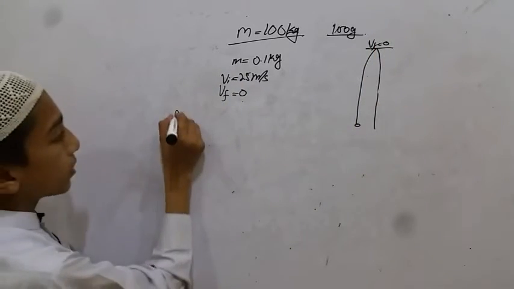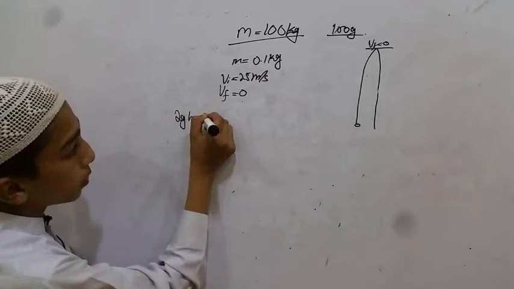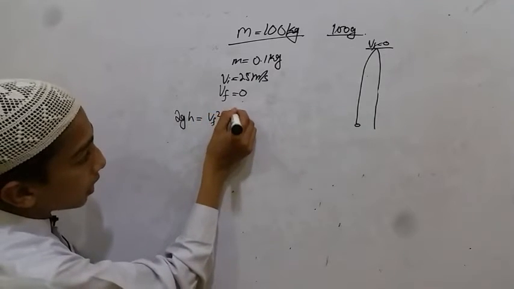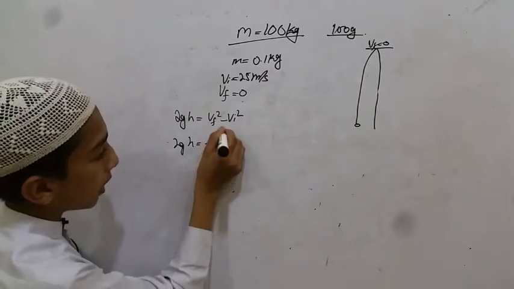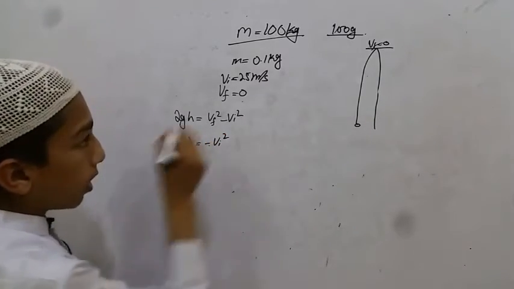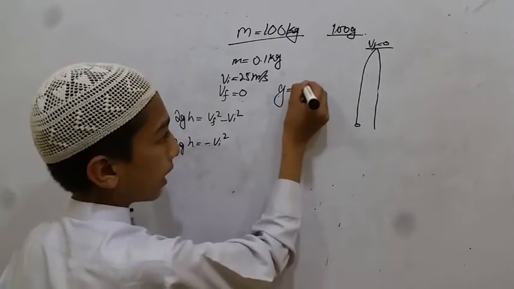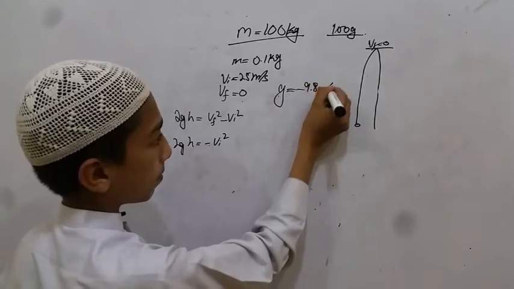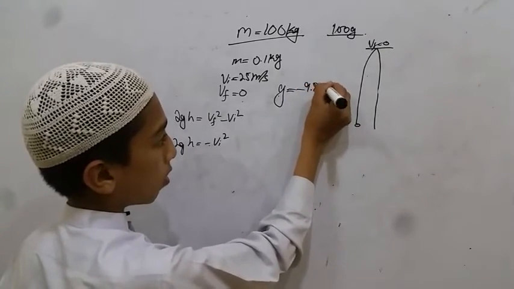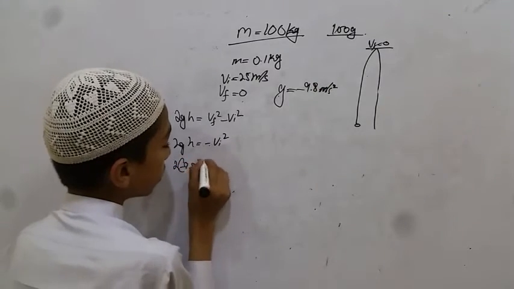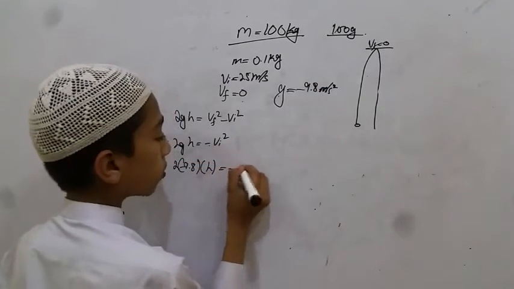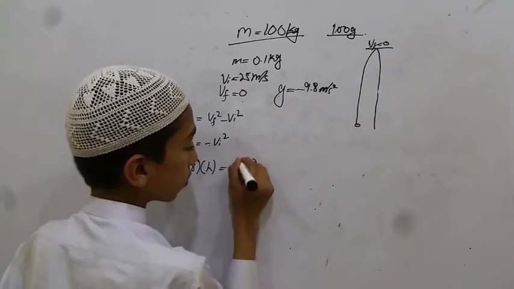So to find the height, 2gh is equal to Vf square minus Vi square. Vf is 0, so 2gh is equal to minus Vi square. And the ball is going upward, so acceleration will be negative. So 2 into minus 9.8 into h is equal to minus 25 square.